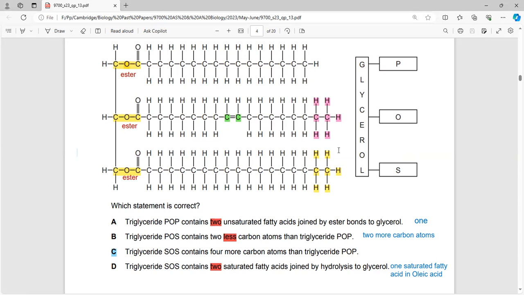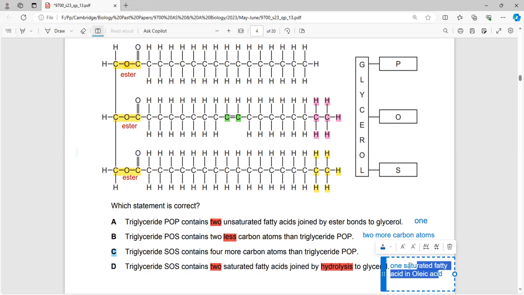Now option D, the triglyceride SOS contains 2 saturated fatty acids joined by hydrolysis to the glycerol. You can see there are 2 saturated fatty acids, S and S. Stearic acids are saturated, but they are joined by a condensation reaction, not hydrolysis.